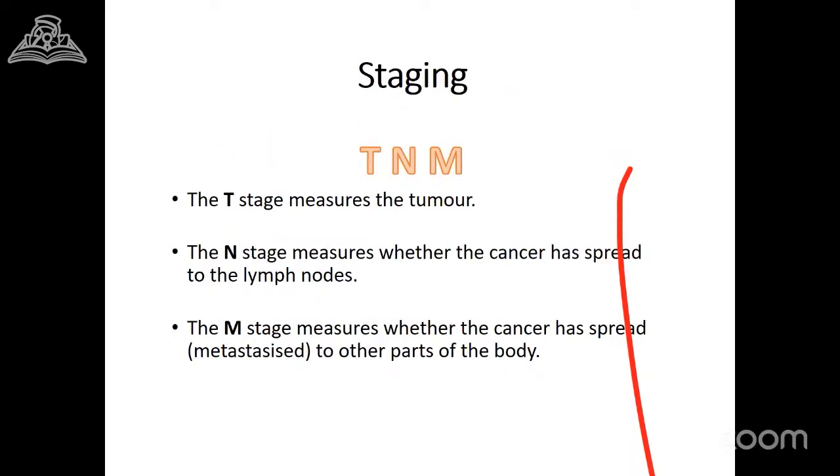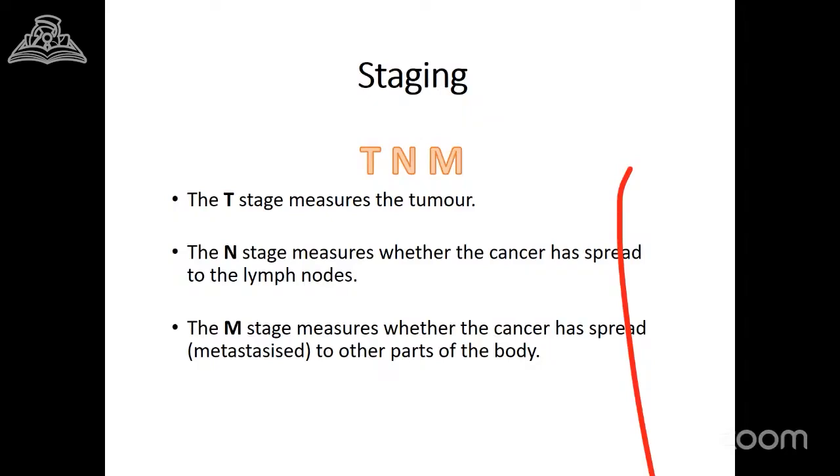So the TNM staging system used in prostate cancer assessment, where the T stage describes the size and local extent of primary tumor within or beyond the prostate gland. The N stage evaluates whether the cancer has spread to regional lymph nodes.